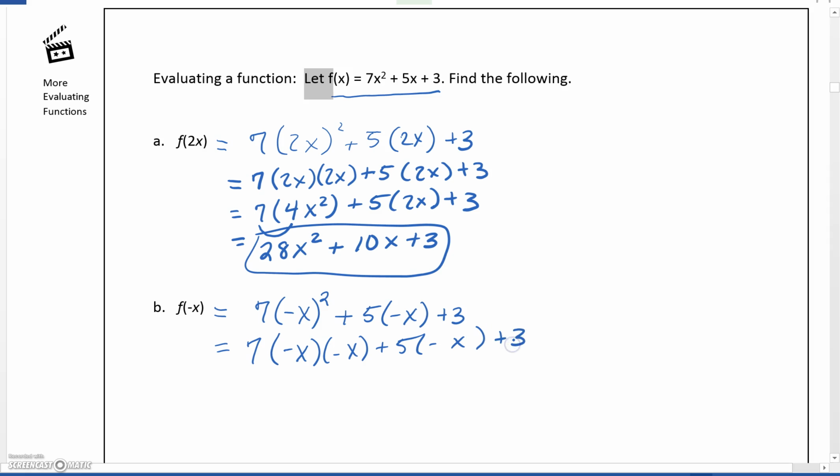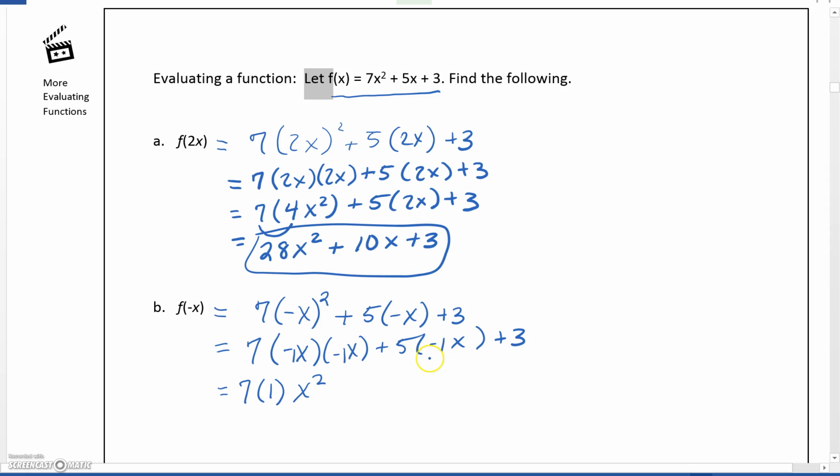And if you want to think about it as negative 1 times x, you can. So here when we square the negative x, we have negative 1 times negative 1, which becomes positive 1. And then x times x is x squared.